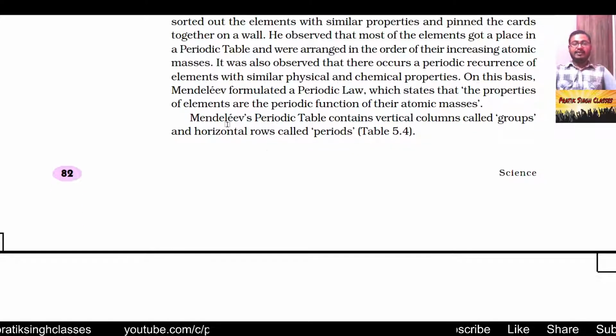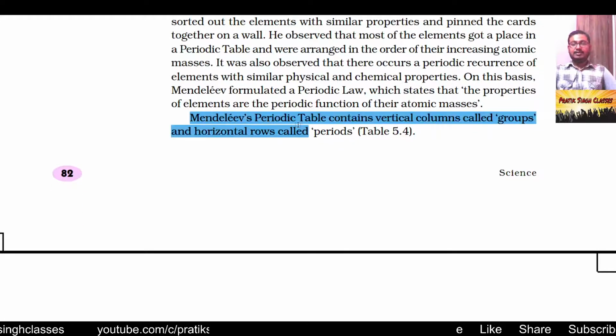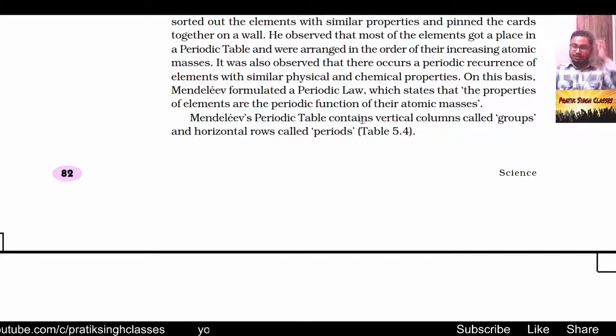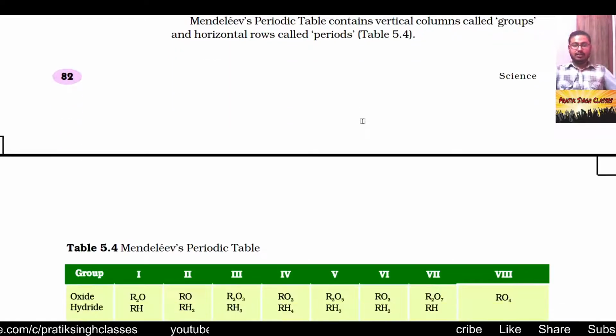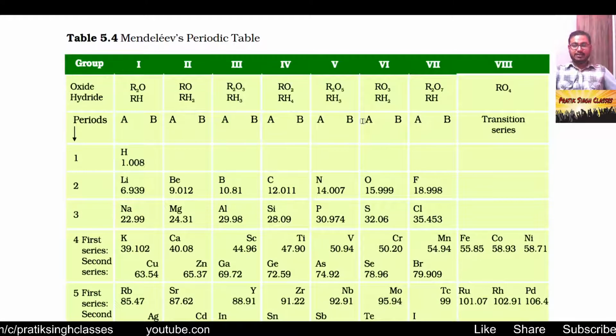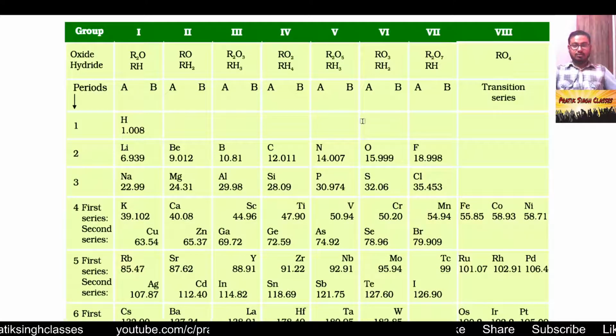Okay, Mendeleev's periodic table contains vertical columns called groups and horizontal rows called periods, and this group and period we still follow. So here in table 5.4 it is given, group 1, 2, 3 up to 8, and from top to bottom, left to right, periods.